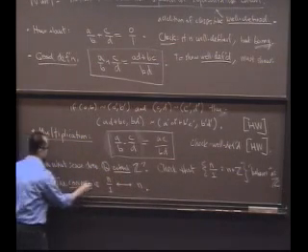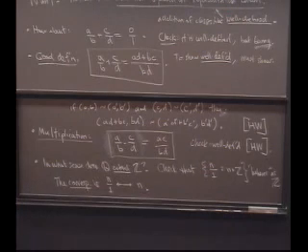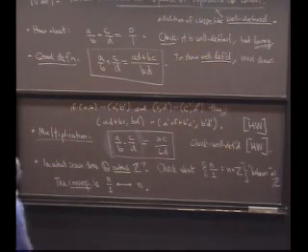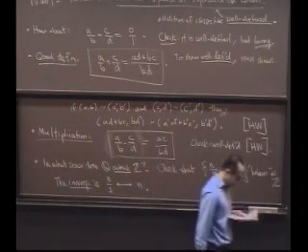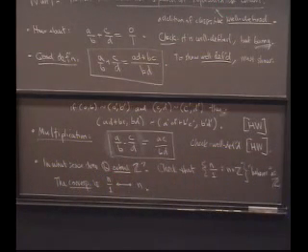And you can check that, in fact, if you add n over 1 plus m over 1, you get n plus m over 1. And if you multiply n over 1 times m over 1, you get nm over 1. These are the things you would check. Very easy to do.